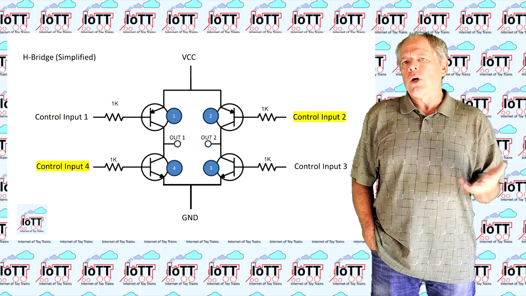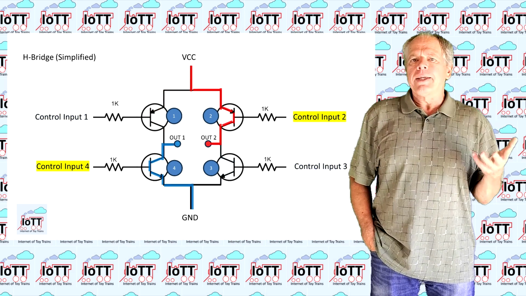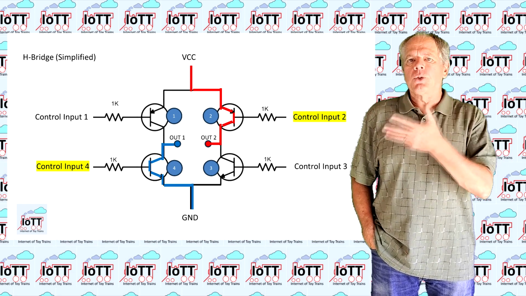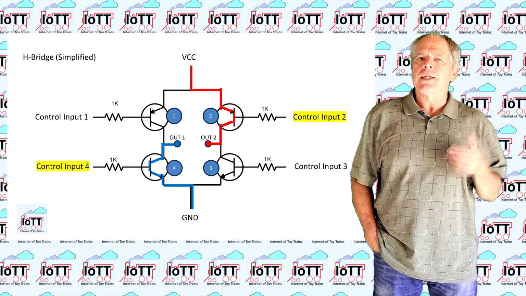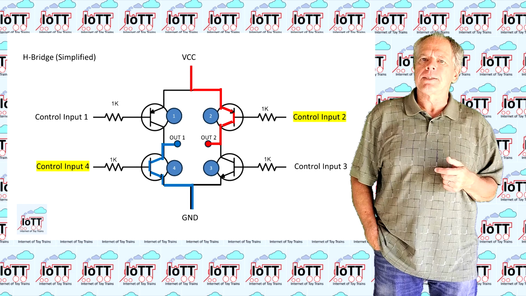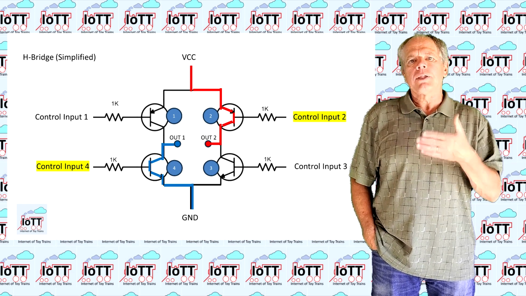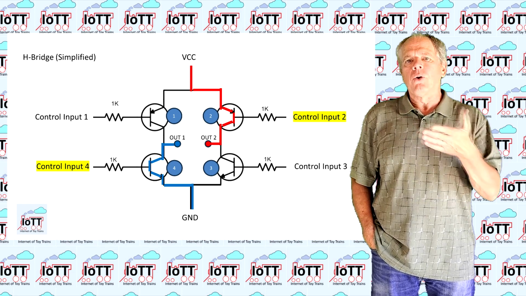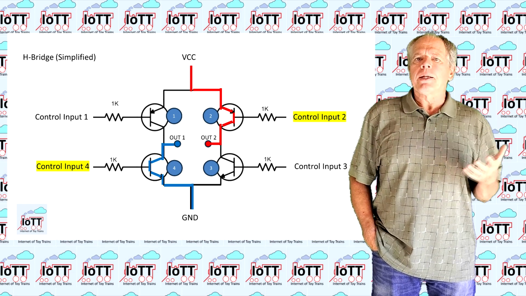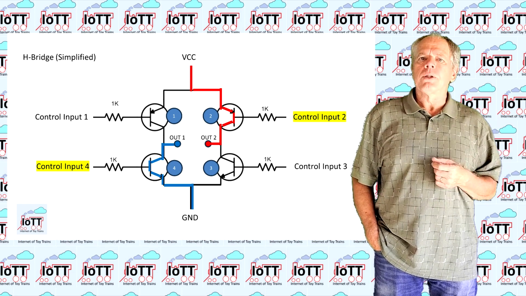If transistors 2 and 4 are on, the polarity of outputs 1 and 2 is reversed. Output 1 has ground and output 2 carries the supply voltage. So the output only depends on how the transistors are switched on or off, and this is typically controlled by the microcontroller in the system.